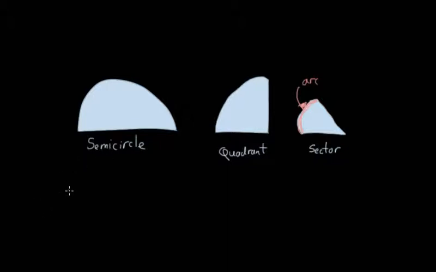Now the arc length can be calculated by taking the ratio of the sector angle and the angle of a circle, 360 degrees of a circle. So you'd have your sector angle, you divide that by 360 degrees, and then you would times it by the circumference.